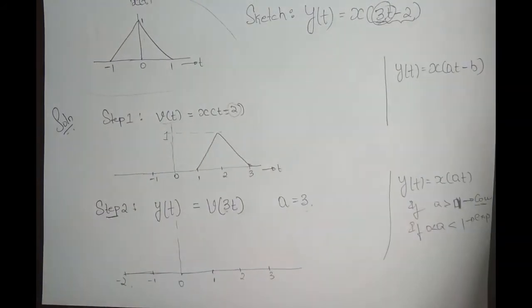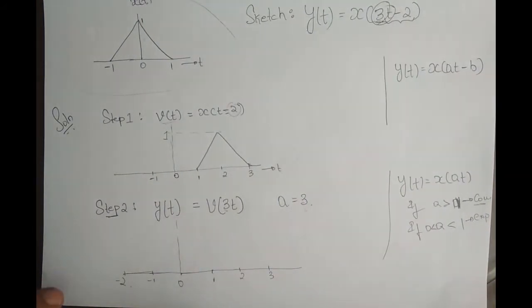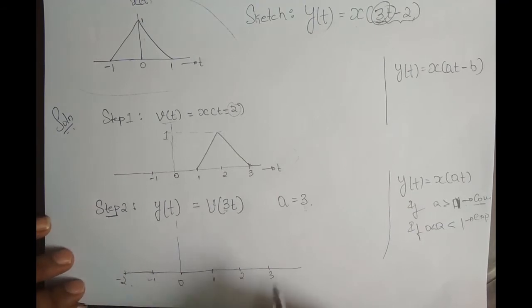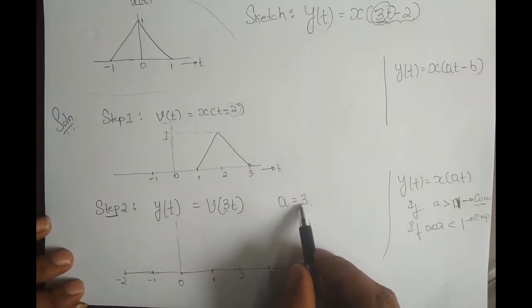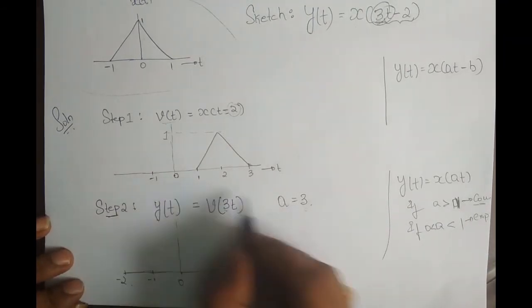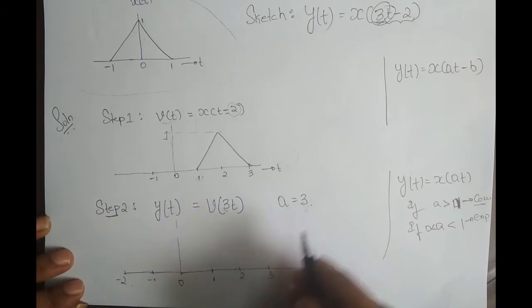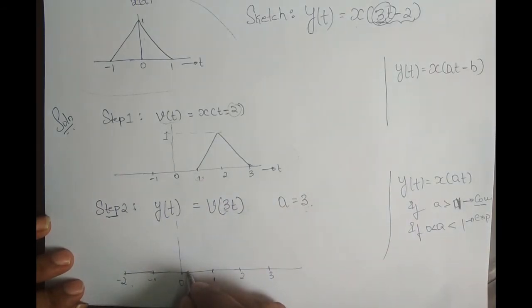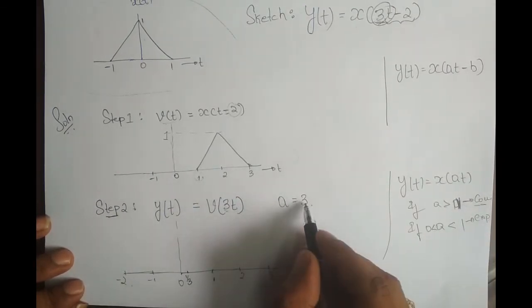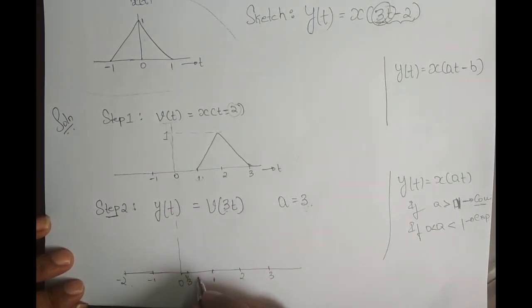Now take the inverse of a, which is 1 by 3. That 1 by 3 is multiplied to 1, so 1 into 1 by 3 gives 1 by 3, which I mark somewhere here. 2 into 1 by 3 is 2 by 3, which I get somewhere here.